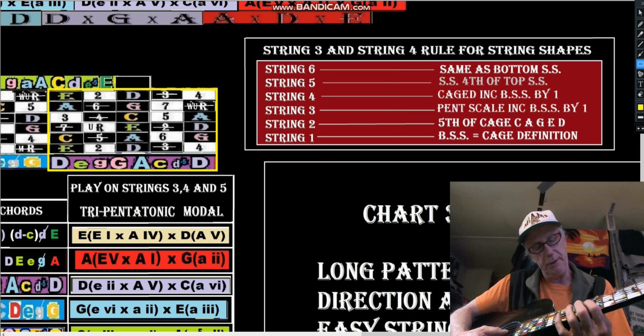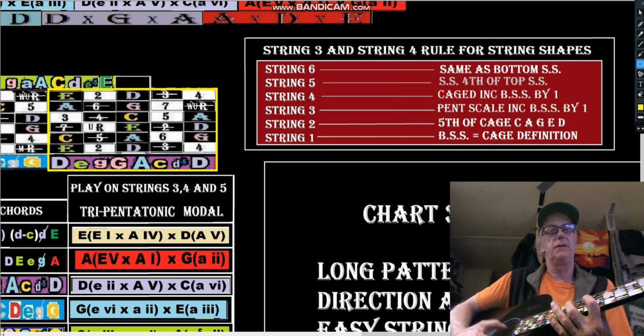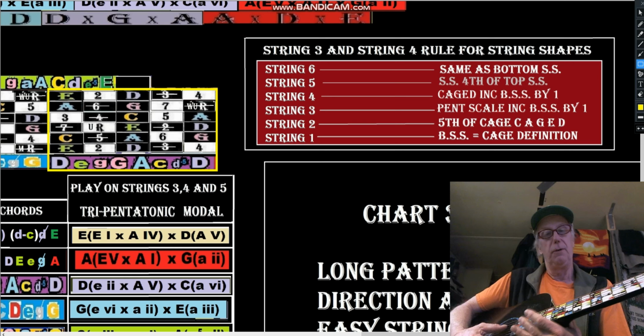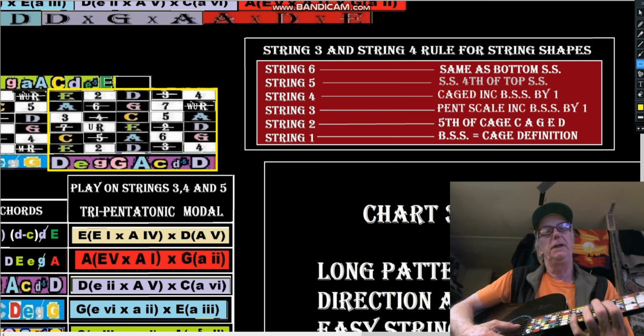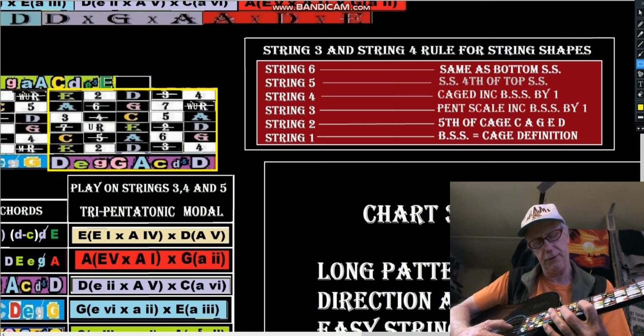Okay, so we're up here. Below it we have the 4th string shape. 4th of A is the D string shape. Now, to the right of it is not the 5th. To the right of it, we go in CAGED. So A goes to G in the word cage, so it'd be the G string shape.